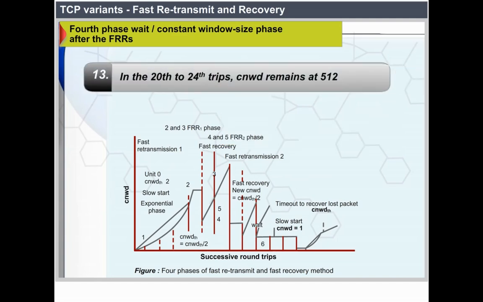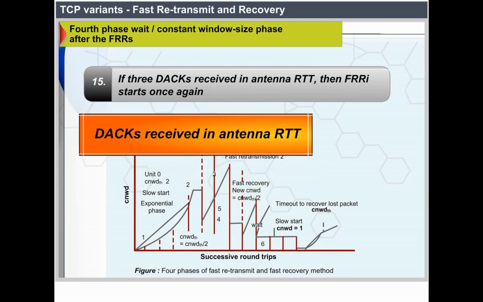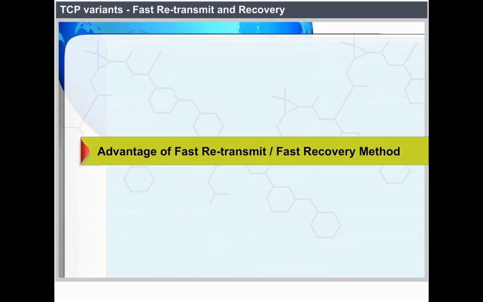In the 20th to 24th trips, CNWD remains at 512. Any lost packet is recovered, and if a DACK is found in the 25th trip, then the slow start phase starts again on finding consecutive DACKs. If 3 DACKs are received in an RTT, then FRR1 starts once again.